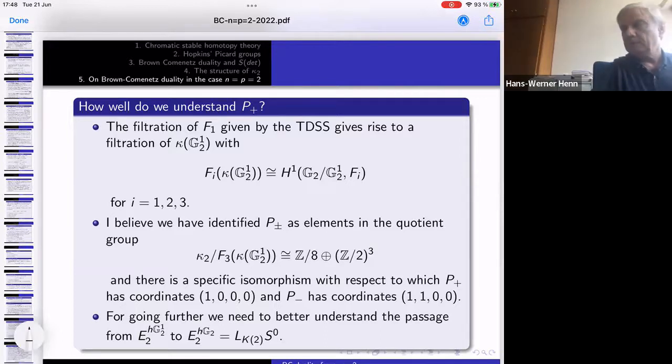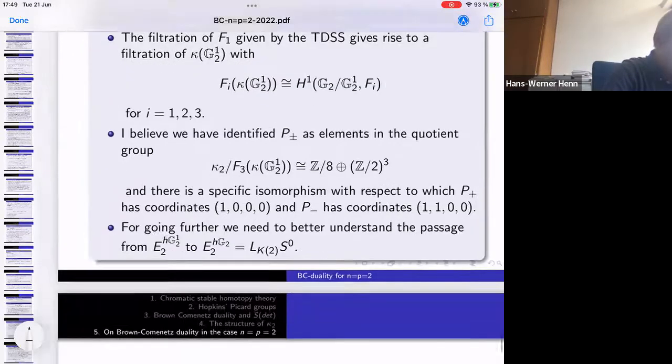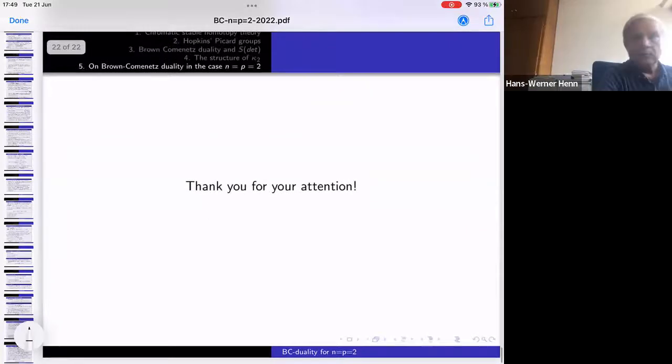So you would have to understand the centralizer resolution better, or the hybrid resolution that Agnes and I have ideas about, and we would need to know the maps in this resolution better. I'm not very optimistic that this will be done anytime very soon. Okay, thank you for your attention.